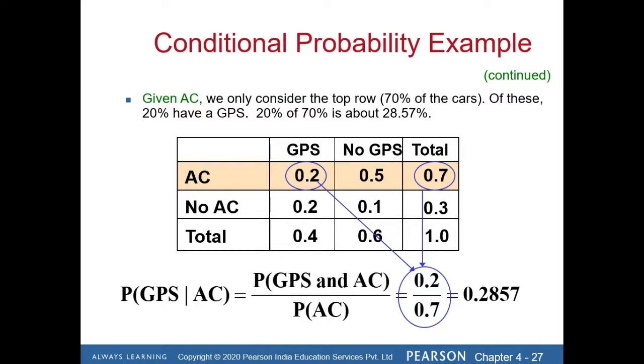Suppose I ask you to find the probability of an AC car having a GPS. What do we have to do? 0.2 divided by 0.4. Then you will get the probability of a car having AC given GPS. Am I clear?